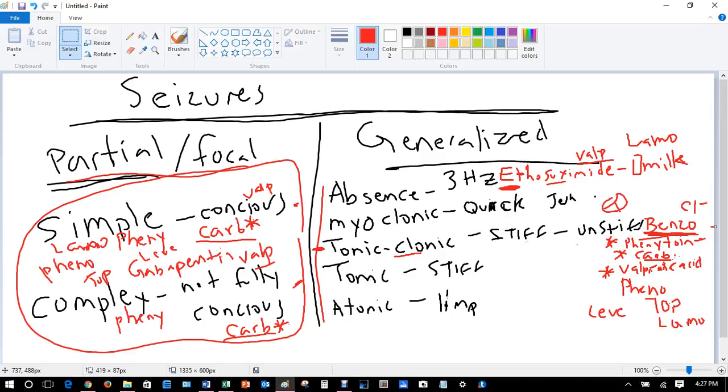And just know those ones are only used over here. Tiagabine and vigabatrin. Okay, there they are.